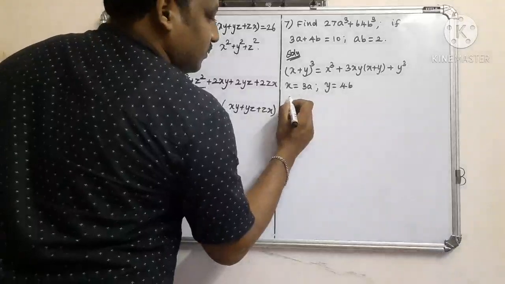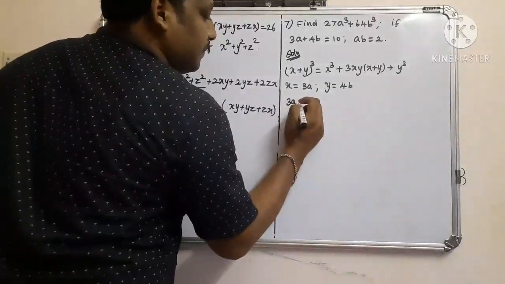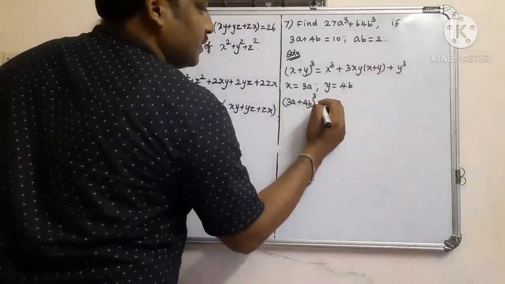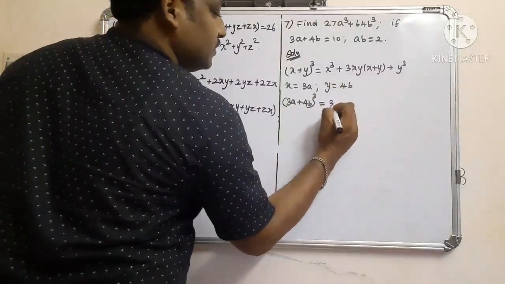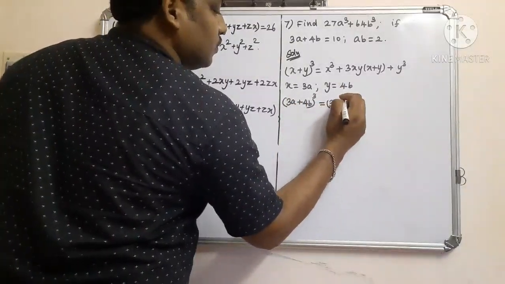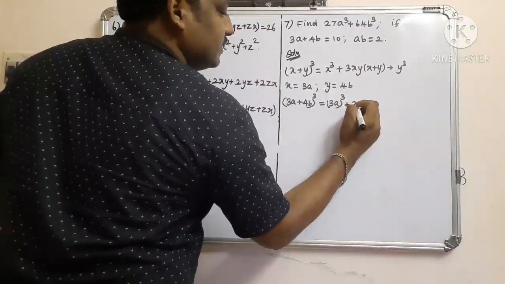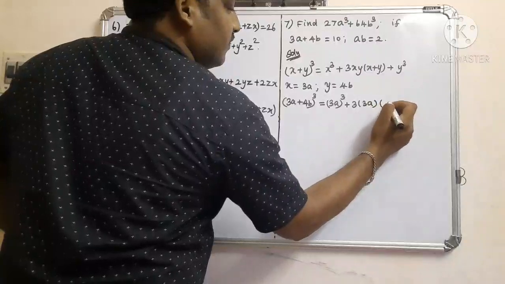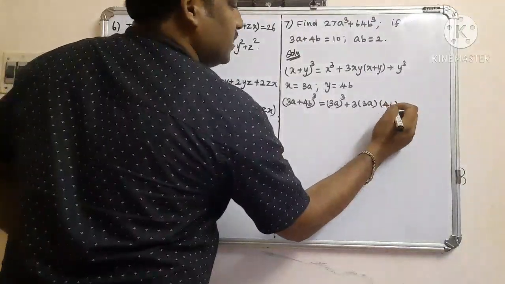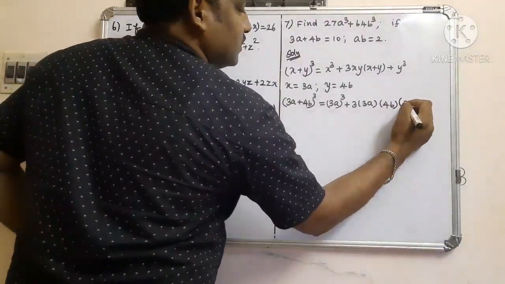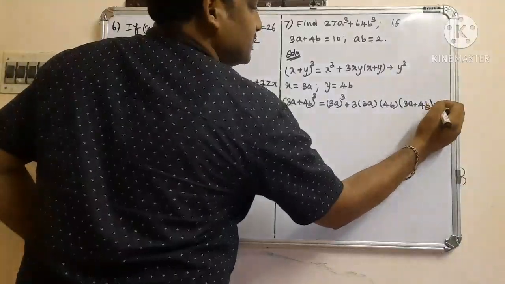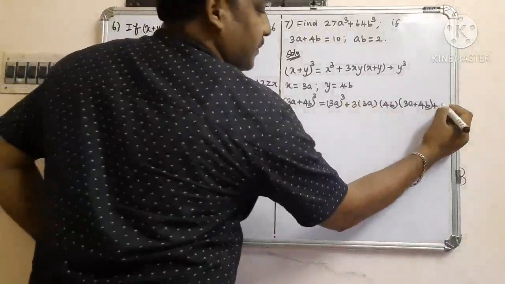So substitute in this formula: 3a plus 4b the whole cube is equal to 3a the whole cube plus 3 into, for x we substitute 3a, for y we substitute 4b, into 3a plus 4b, plus y cube, that is 4b cube.